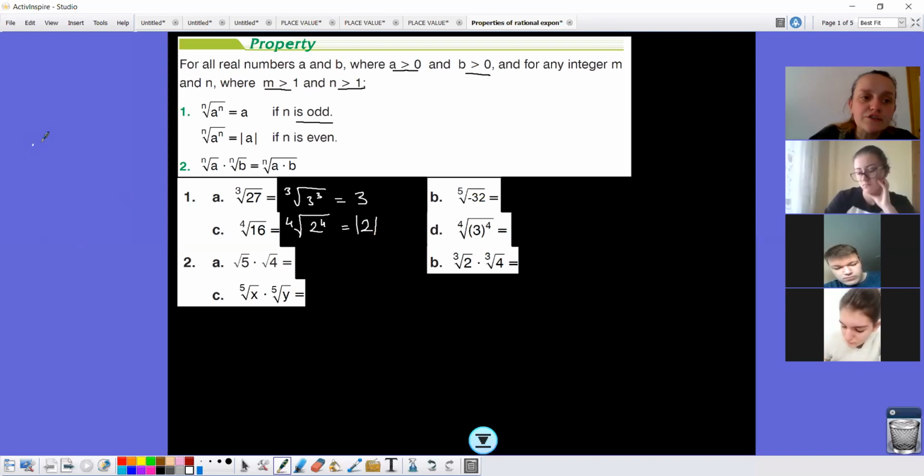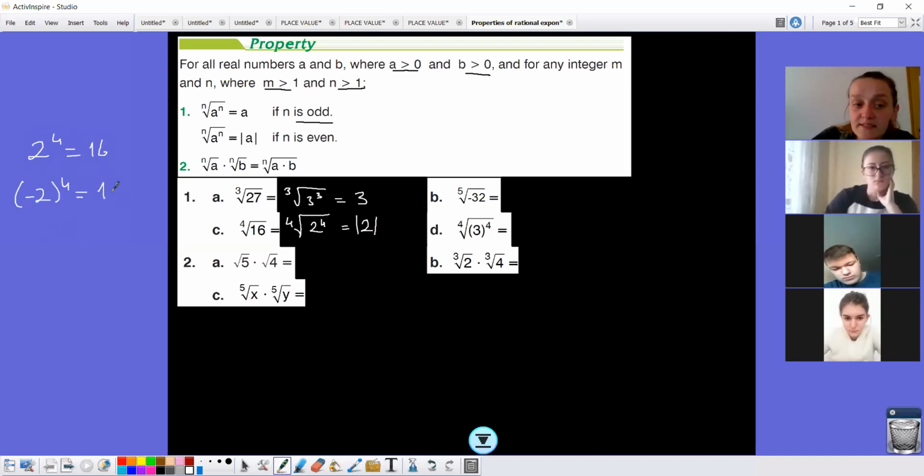Because, guys, 2 to the power of 4 is 16, and -2 to the power of 4 will be 16 again. So in this case, you may have two different results. One of them is negative, one of them is positive. Because of that, we are taking it out as the absolute value of 2, okay?